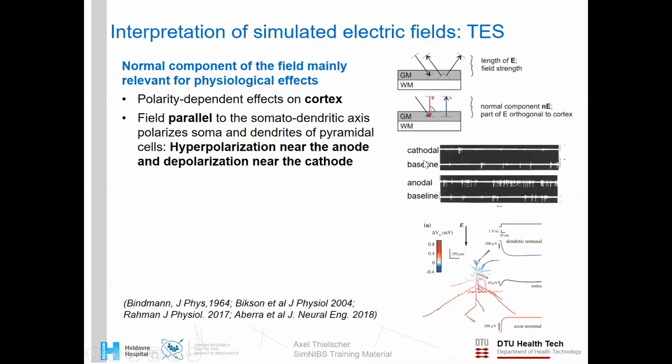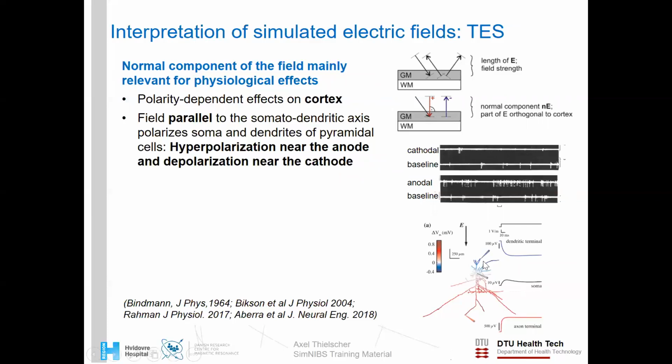For cathodal stimulation, we decrease it. For anodal stimulation, we increase it by these currents. What we think happens there is that by this current flow, either into the cortex or out of the cortex, we polarize the pyramidal cells so that their soma is a little bit depolarized, which would then enhance baseline firing.